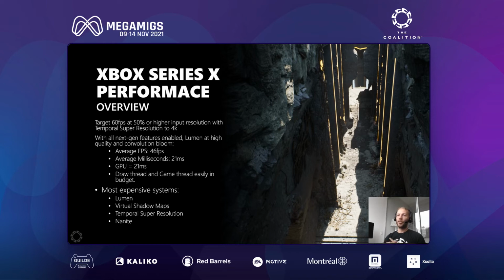And so very GPU bound. Most expensive systems are Lumen, Virtual Shadow Maps, and TSR, then Nanite. This continues to get faster with workflow tuning and improvements from Epic and the Coalition. I'm pretty confident we will hit 60 with this quality. We're getting closer and closer, but that's where we're at today.